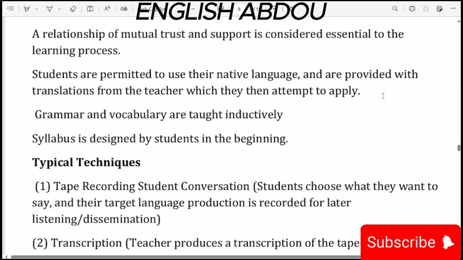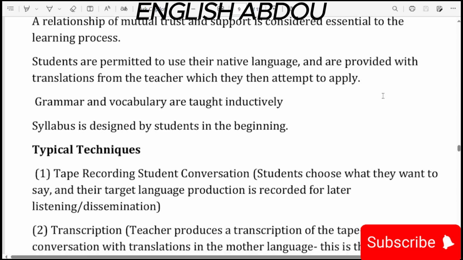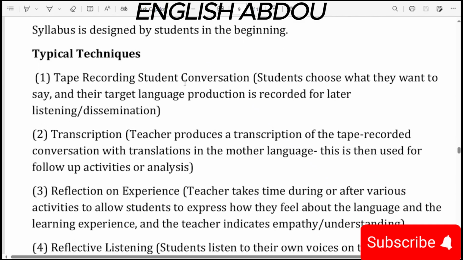The syllabus is designed by students in the beginning. So the students can design the syllabus, they can decide what they should learn. These are some techniques you can use as examples. Tape recording students: in this method, students record themselves, the conversations and dialogues they say.